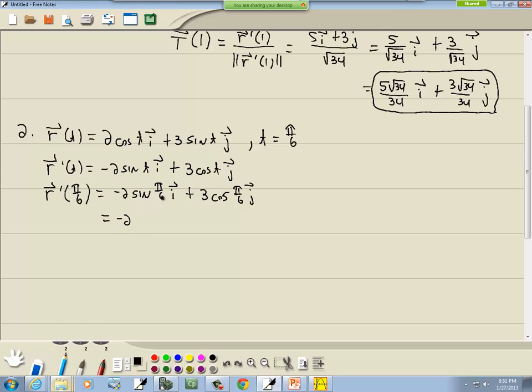Now, sine of pi over 6, if I look at my unit circle, pi over 6 right here, is going to be square root of 3 over 2 and 1/2. So sine is equal to 1/2.